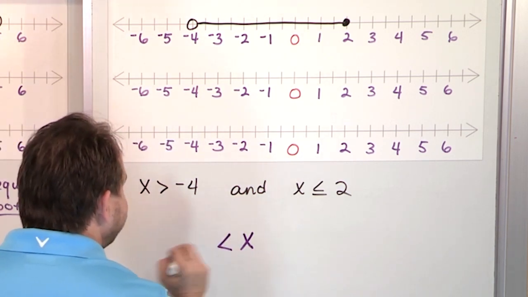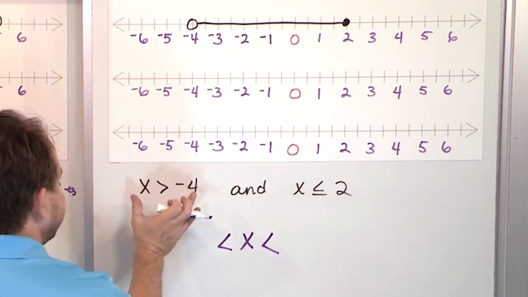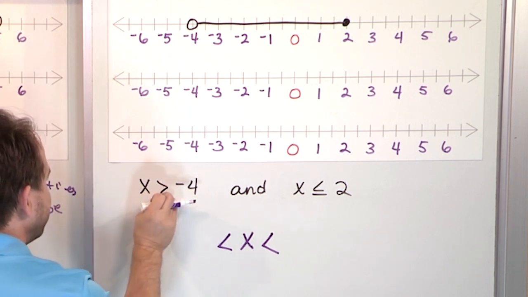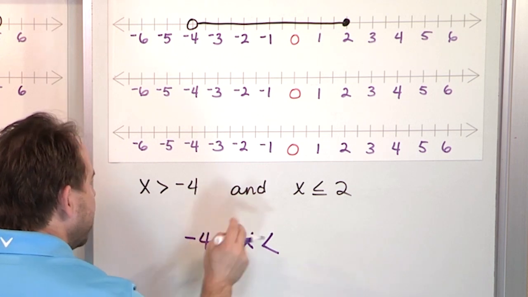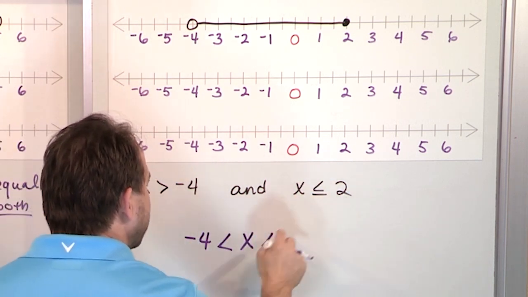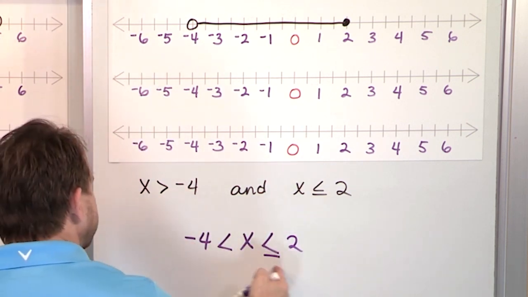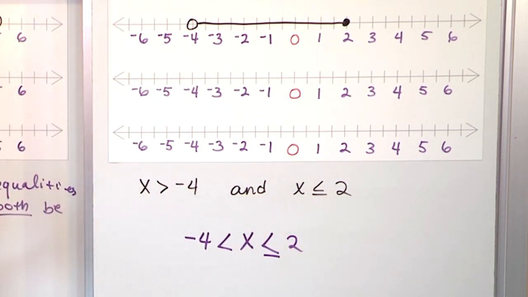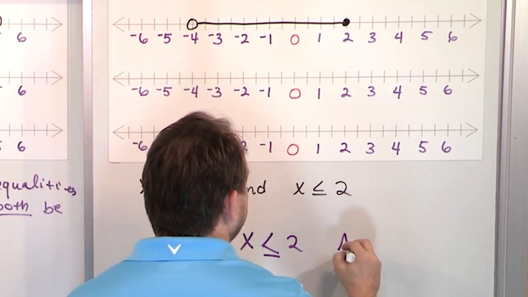And then you put a left-hand arrow on either side of the x. And then you read it: x greater than -4, x less than or equal to 2. And this is how you would write it in terms of the double inequality, so "and."